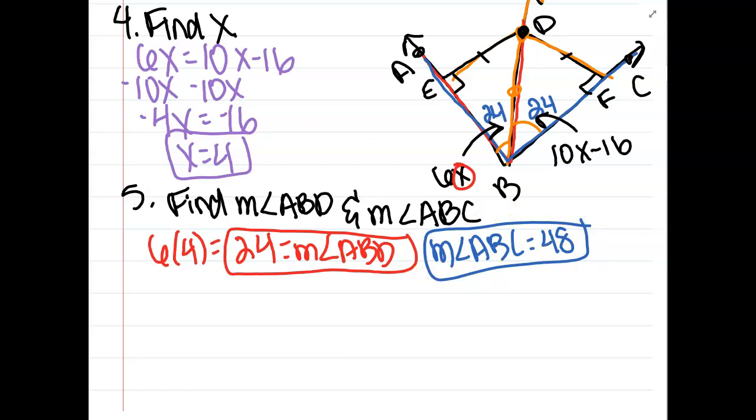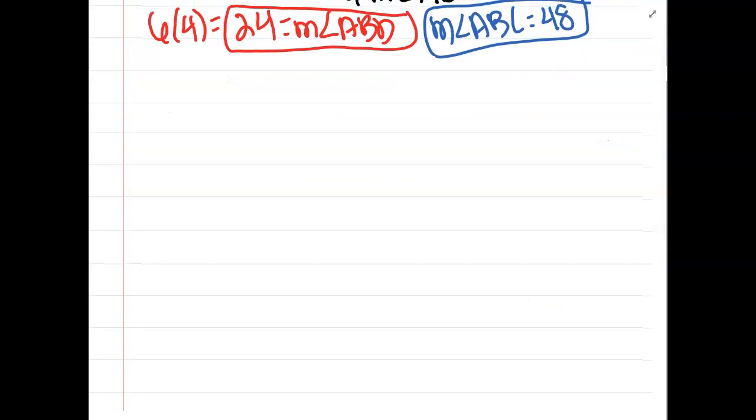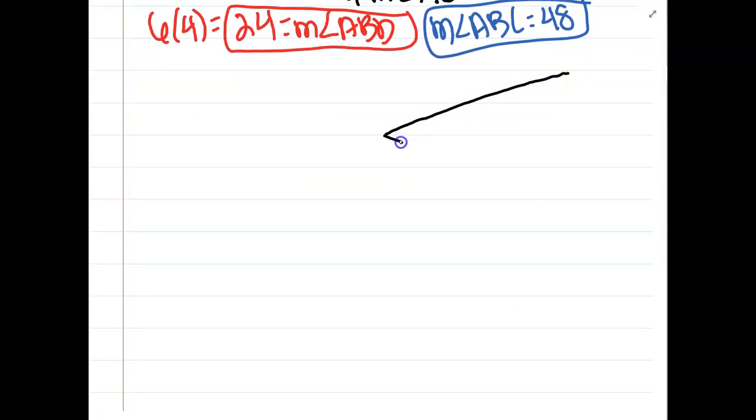Okay, one more example. This picture's not quite as hard to draw as the last one. So this one, I'll have a little sideways angle here, and we're going to have an angle bisector. Doesn't look like an angle bisector, but it is.